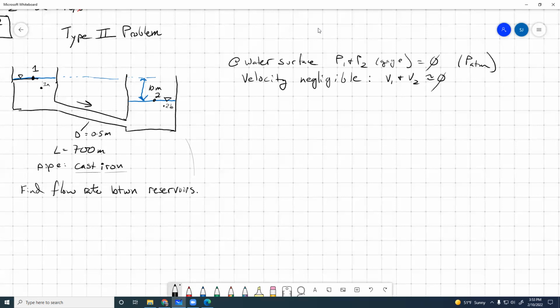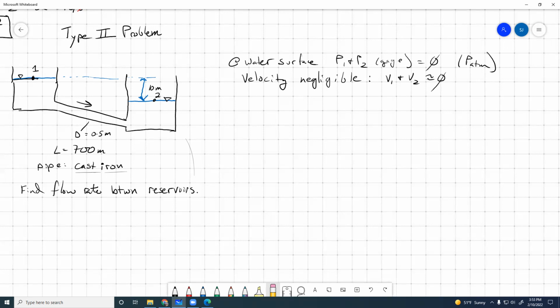It's just like the manometer problem. You're going from here, you've got some energy losses, you're going back up to here. You could do that and prove it to yourself, but it's just going to complicate matters. So it's arbitrary which points we pick. Might as well just pick the surface. Okay, I think that's enough to say about that.